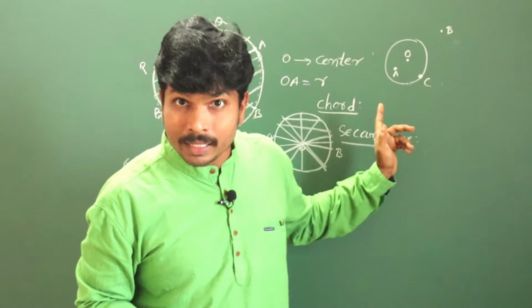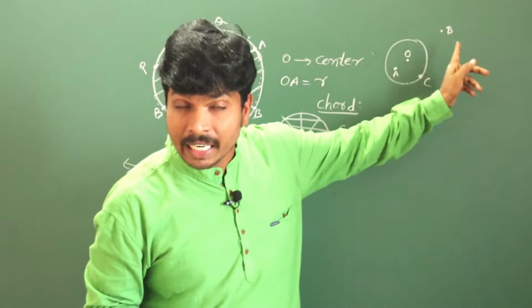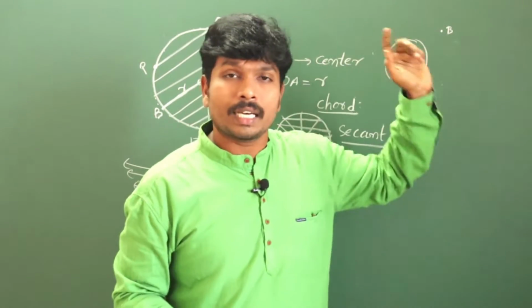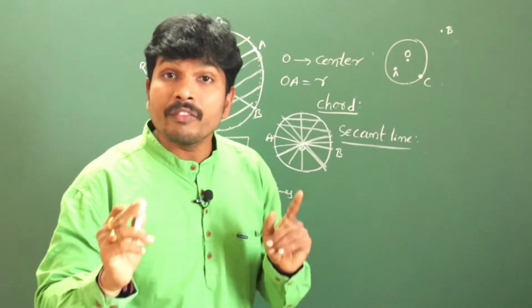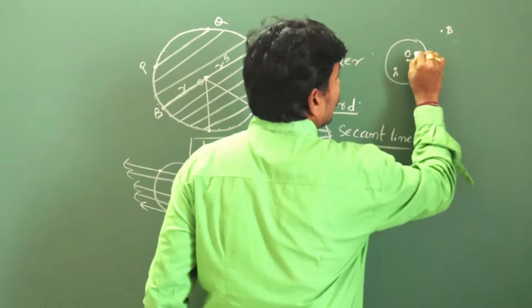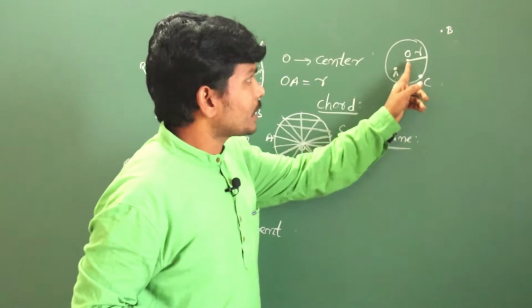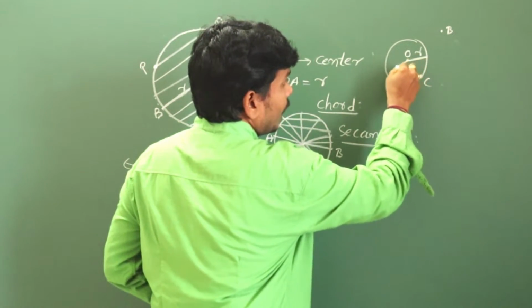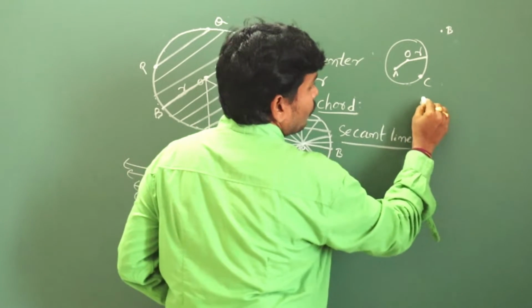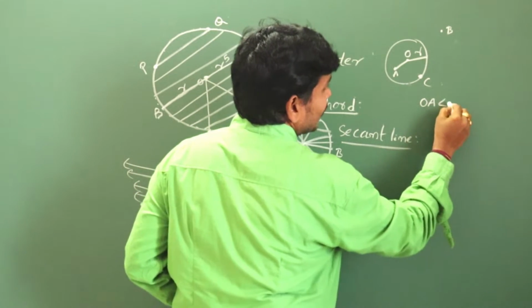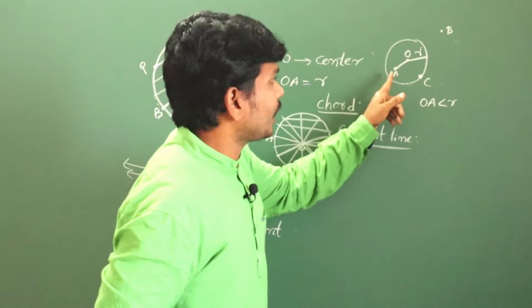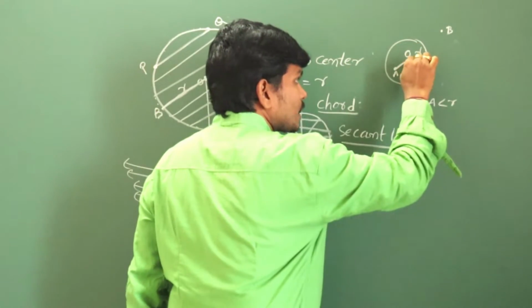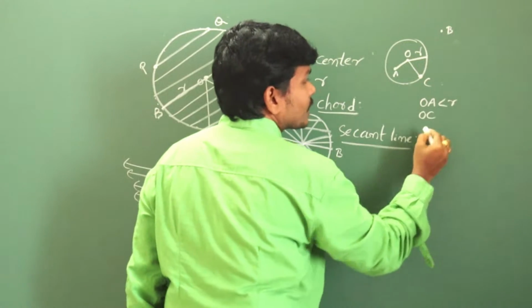We can determine that with the help of the radius. Observe here, this is the radius, no? Now join OA, and the distance from O to A is smaller than the radius, then definitely that point A is in the interior of the circle.